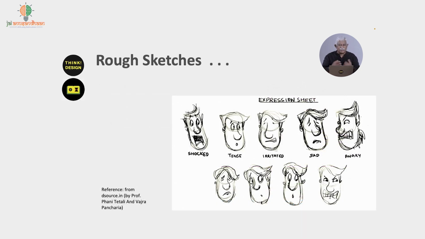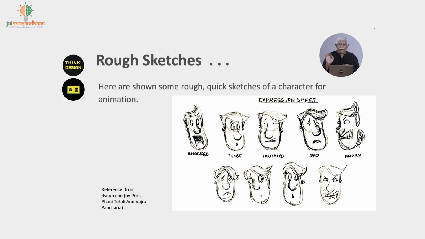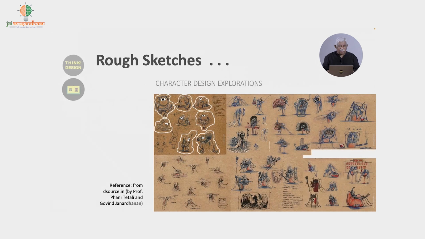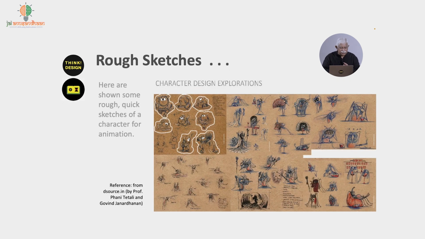You can see here these are rough sketches for doing a character for animation. You can see all kinds of expressions have been done, but they are very rough, just to get the gist of it. A little more detailed here. This is again for animation.